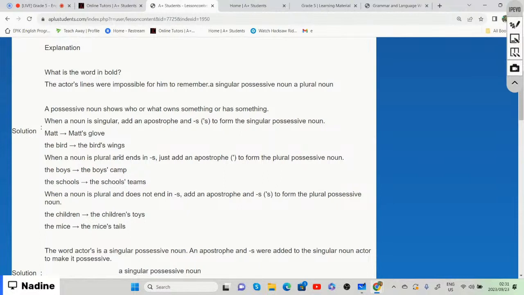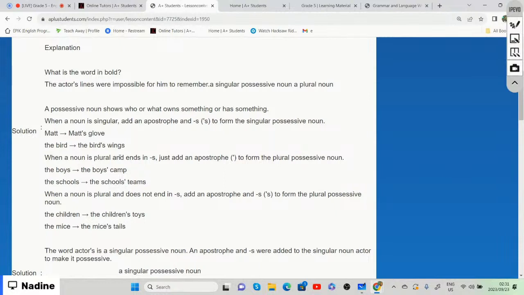But you need to put the apostrophe and s to show possession. So when a noun is singular, we just add an apostrophe and s to form the singular possessive noun.